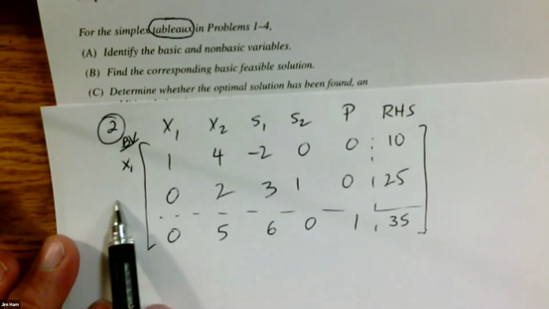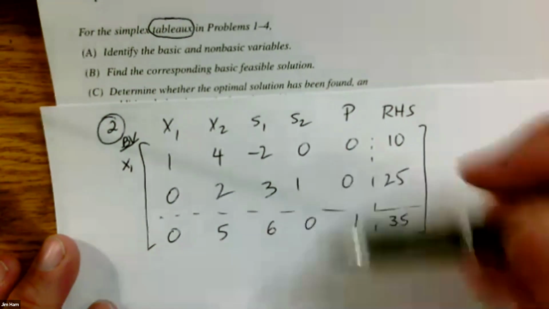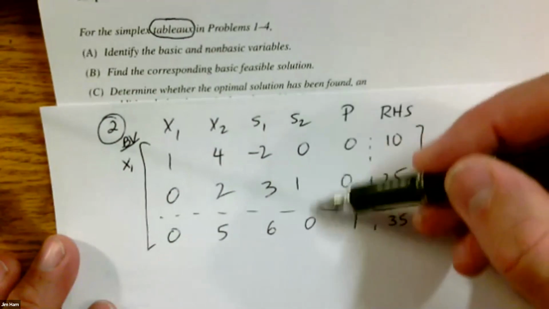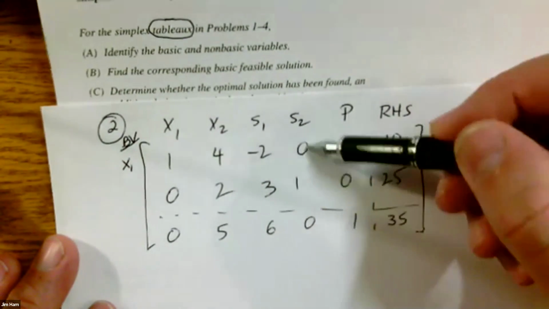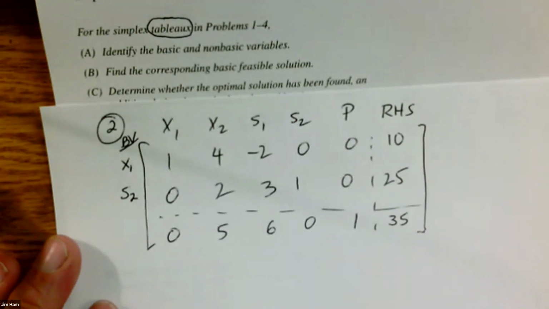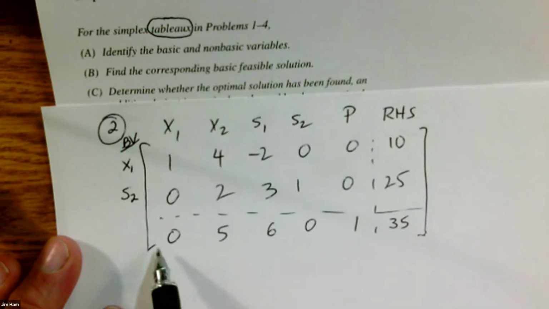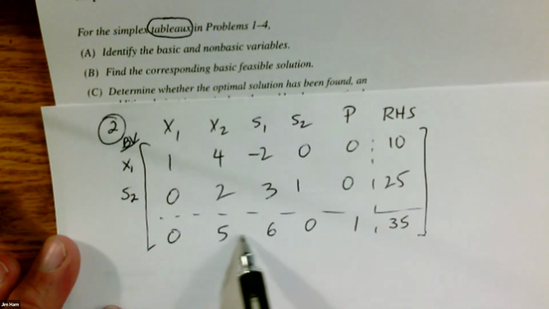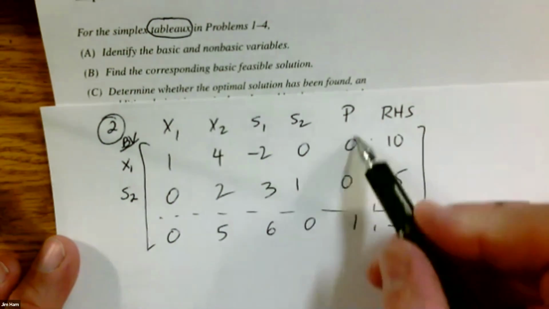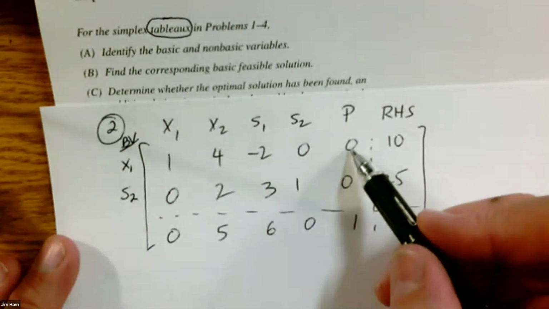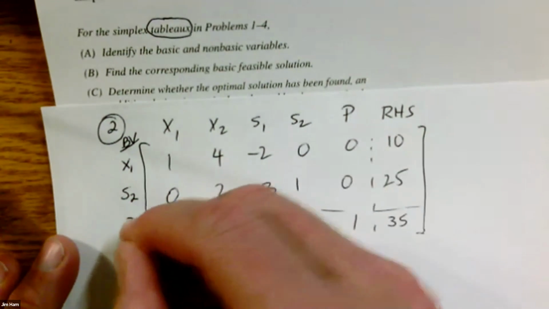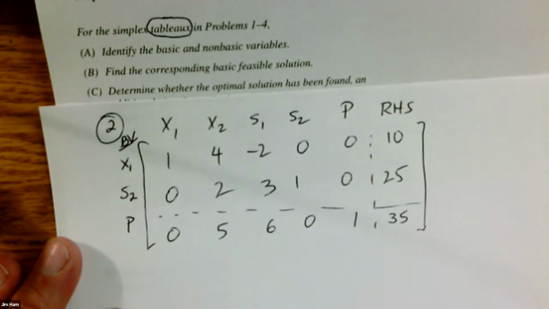In the next row, you go over till you find the 1, and make sure there are zeros everywhere else. For the second row, here's where the 1 is, zeros everywhere else, go up to the top, and s2 is the basic variable here. And finally, the last one: you see a 1 here, zeros everywhere else, and the column title is P. So those are the basic variables.